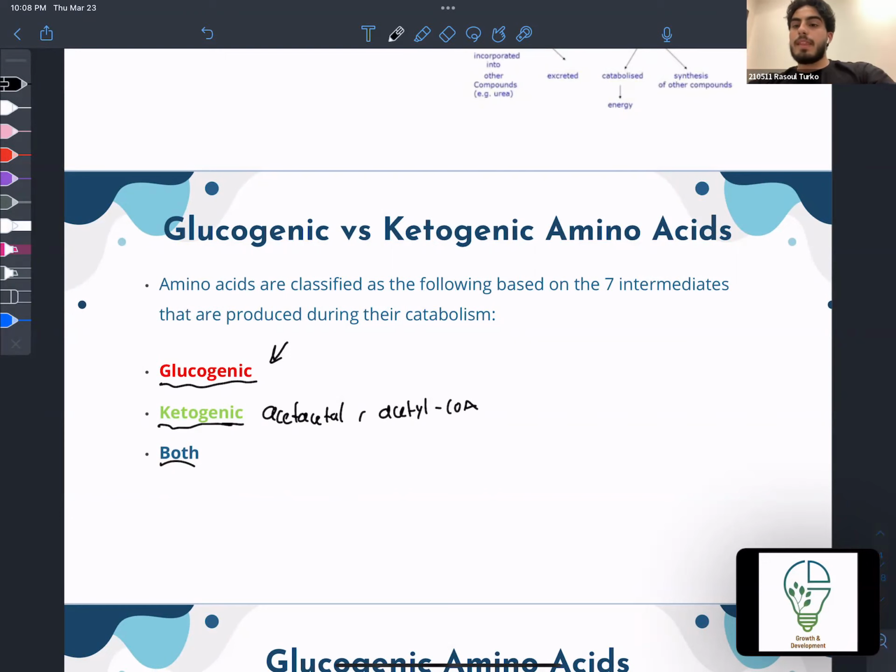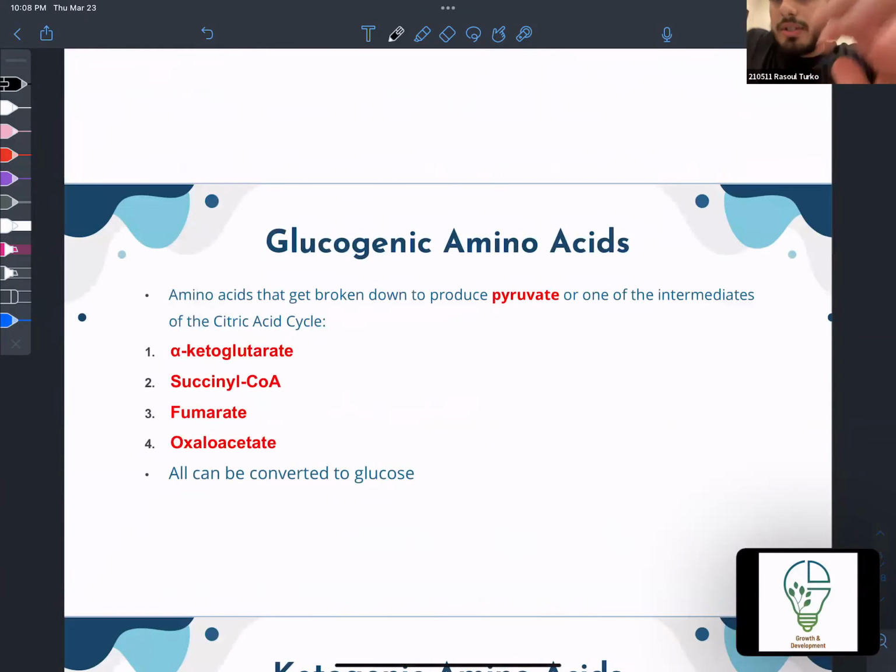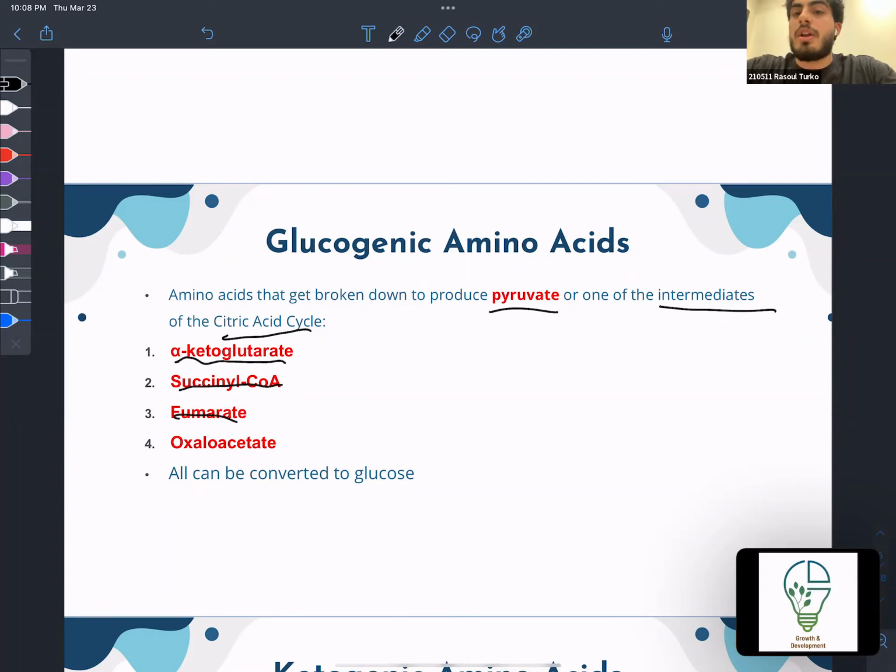Glucogenic amino acids get broken down to give us intermediates of the citric acid cycle, which are 5: pyruvate, alpha ketoglutarate, succinyl-CoA, fumarate, and oxaloacetate. This lecture and the one after are going to involve a lot of recall, a lot of things you have to memorize.